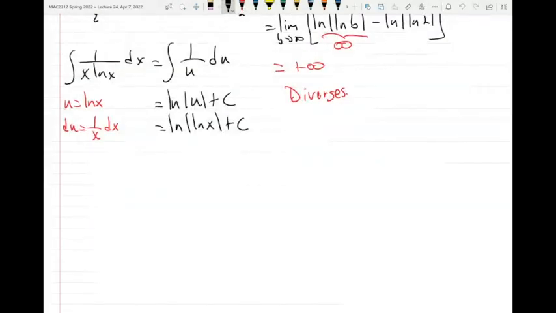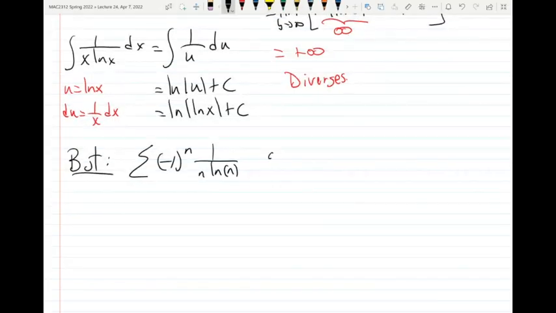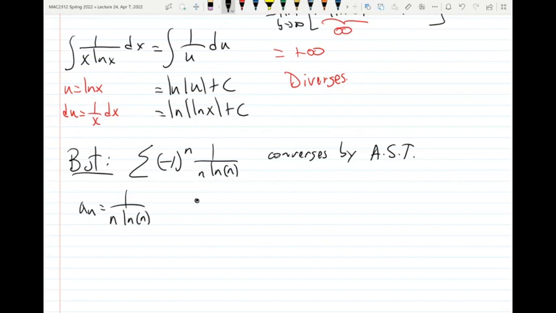All right. Let me say here, but the actual series converges by the alternating series test. And indeed, our an here is 1 over n ln of n, and certainly the limit as n approaches infinity is 0. That's okay.